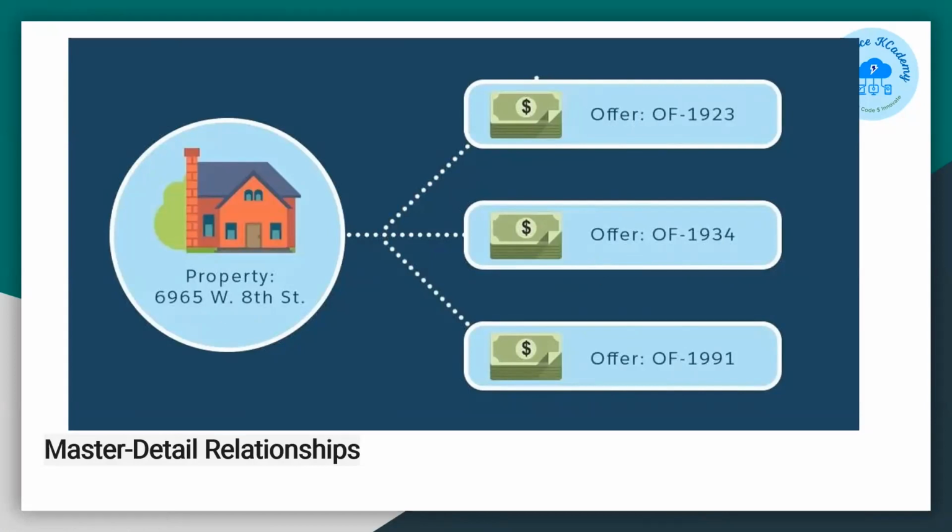Maybe, maybe not. Suppose offer 1923 says that this house is 1 lakh US dollars, and I provide an offer of 65,000, then that same offer I can apply to another property as well.